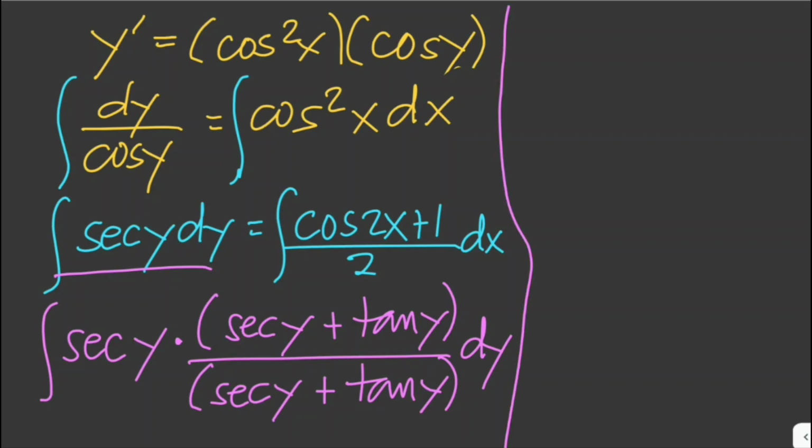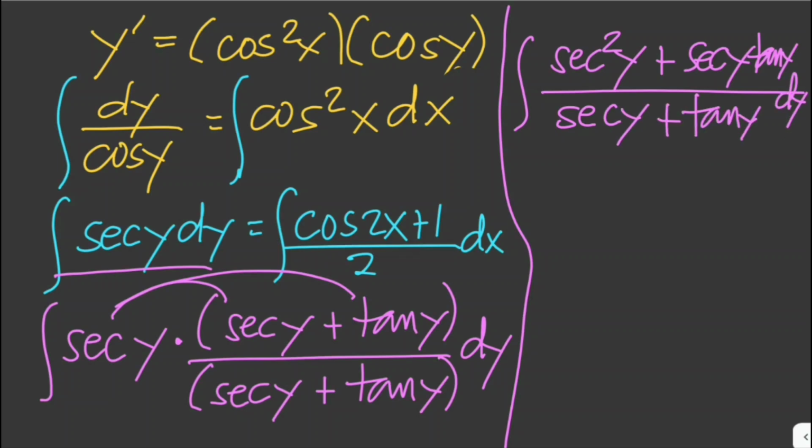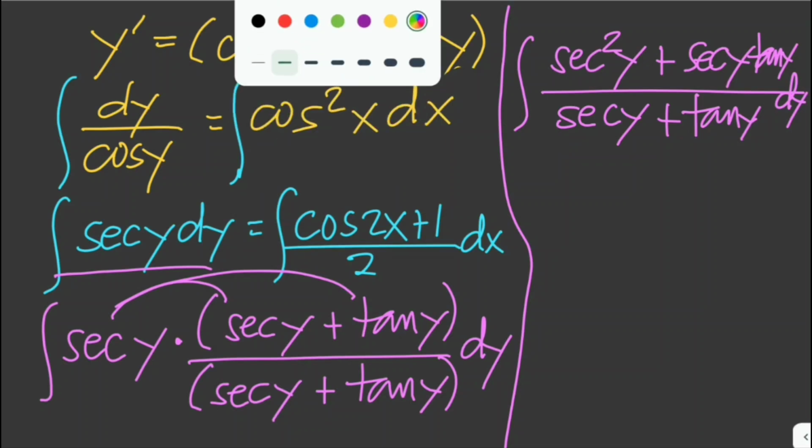Alright, now let's simplify this. We distribute secant y here, so this would become (secant squared y plus secant y tangent y) over (secant y plus tangent y) dy. Alright, so we can use substitution here.